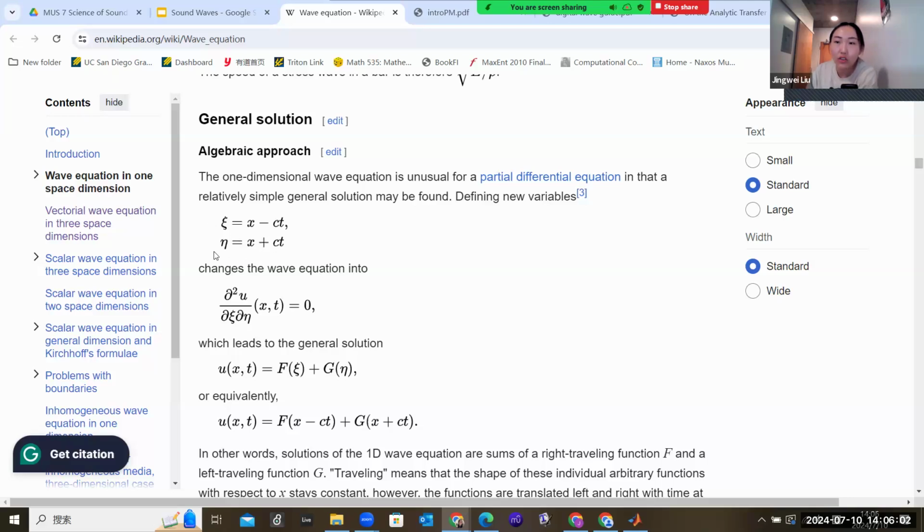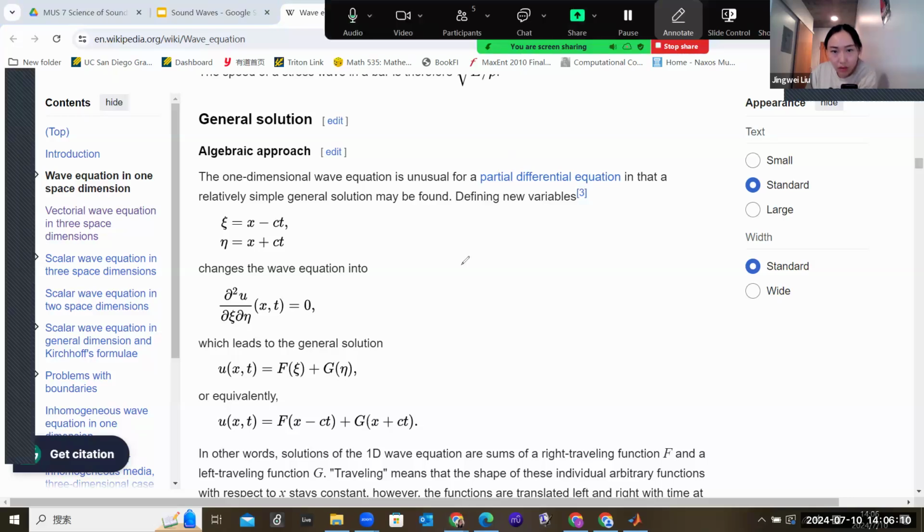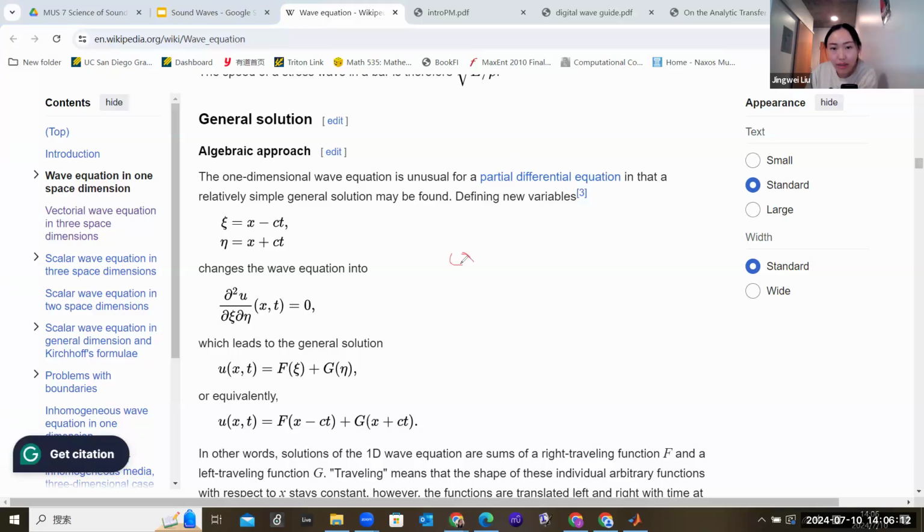So there is a change of variables. At first your variables are x and t, the position and time, and then using this formula, you change your set of variables to ξ and η. After changing the variables, you can rewrite the equation as this.